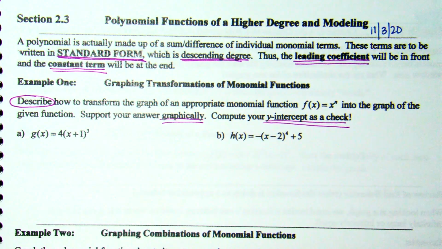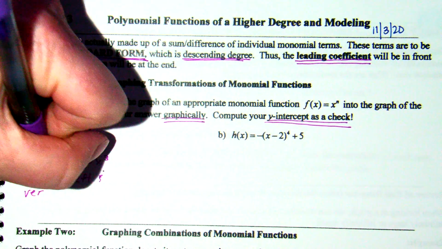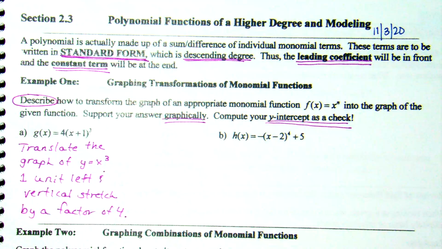So translate the graph of y equals x cubed 1 unit left, and the other one was vertical stretch by a factor of 4.